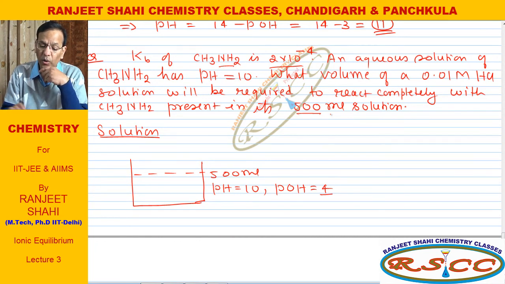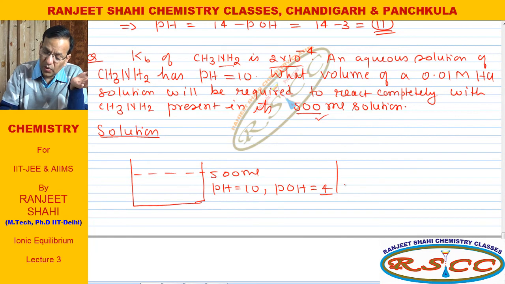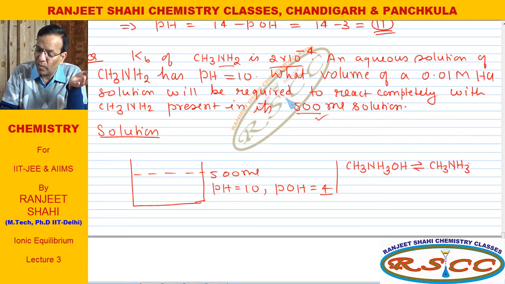For knowing the moles of weak base in this solution, we will have to find out the initial concentration of weak base, that is C. So weak base methenamine ionization can be expressed as CH3NH3OH ionizing to give CH3NH3 plus OH minus.